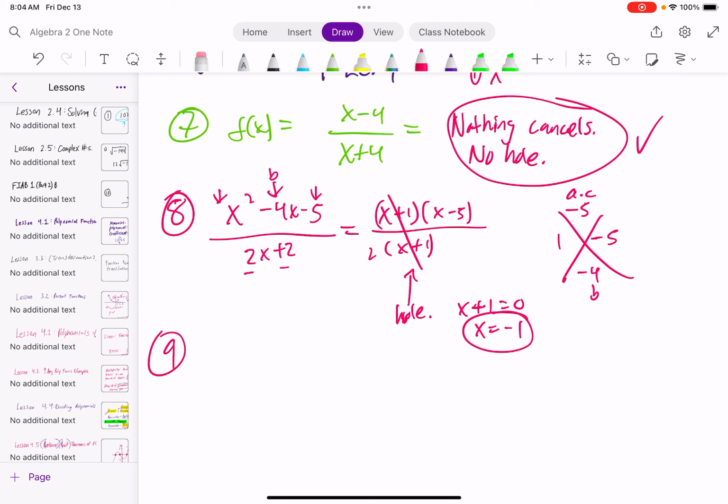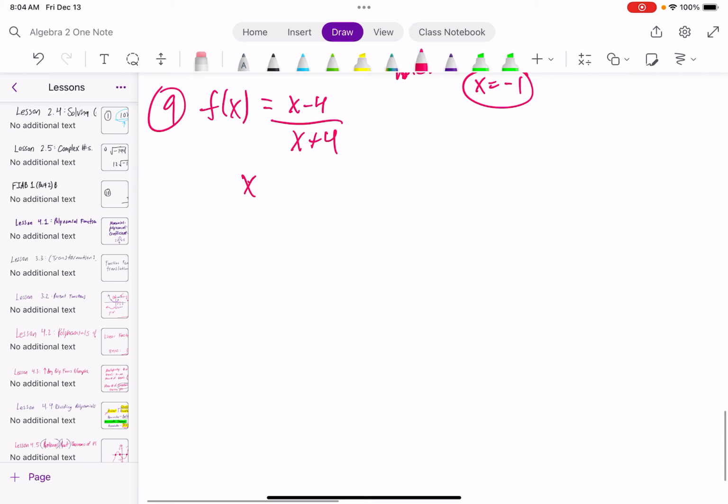Number 9 says, find the x and y intercept, write your answers. Okay. All right, these are fun. So the x-intercept happens when y is 0.